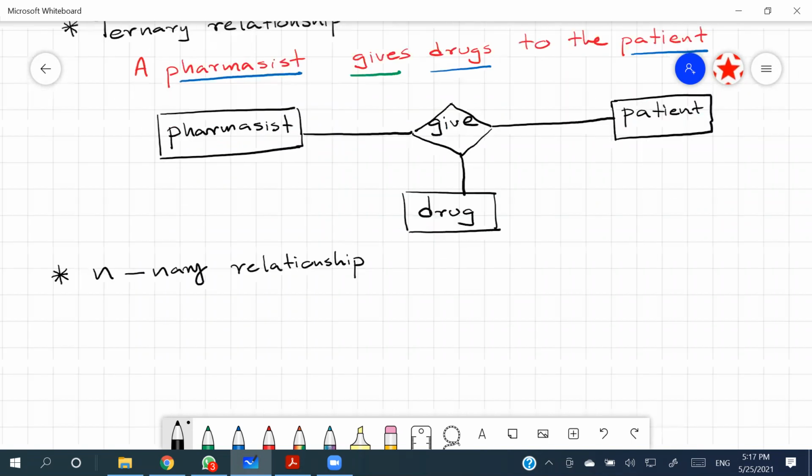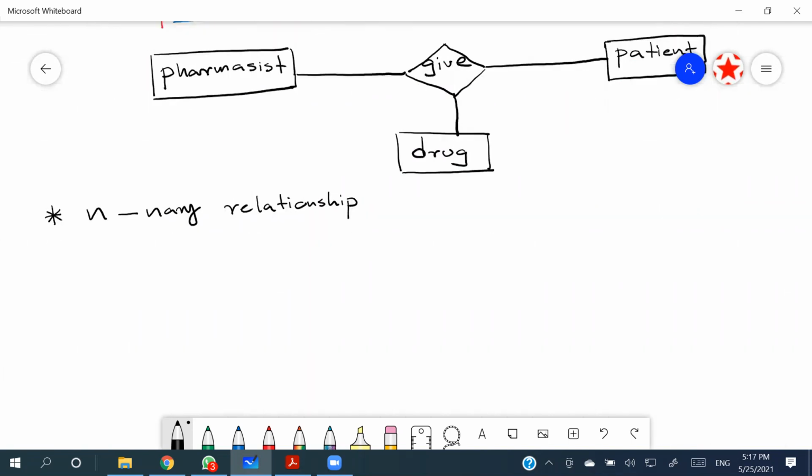Right, so for this n-nary relationship, we can only give an illustration, that's all.